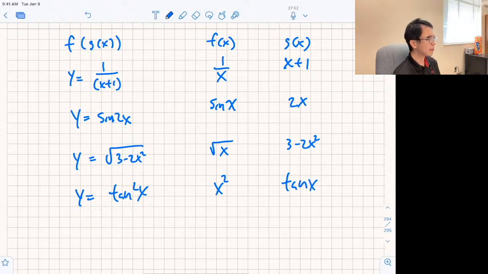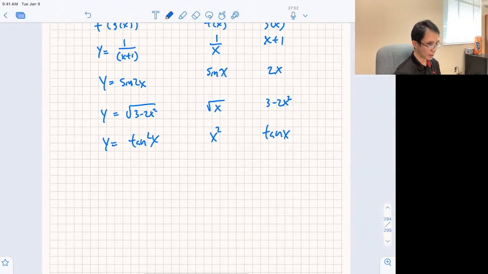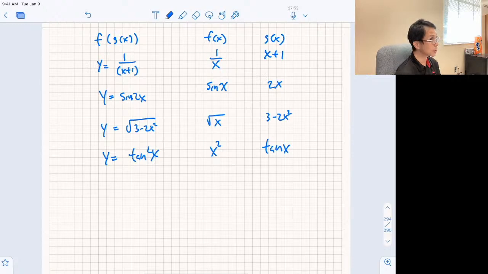Okay. Now here's my question. Some people got confused on the first problem. They say, what if I have f of x equal to tan of x and g of x equal to x squared? Is that any different?